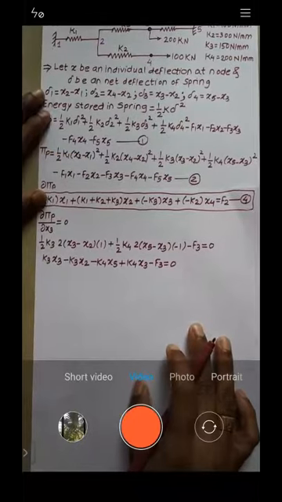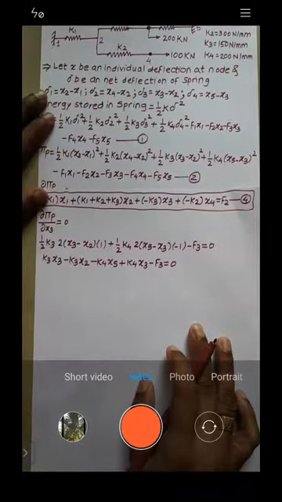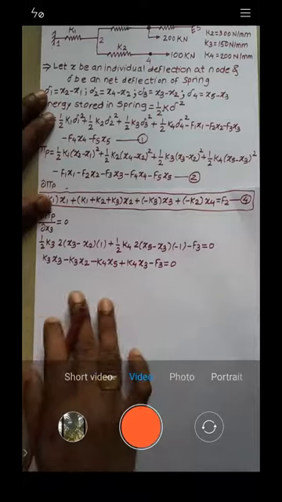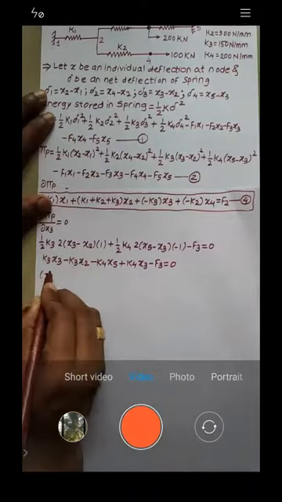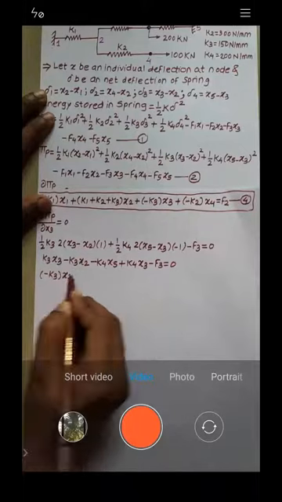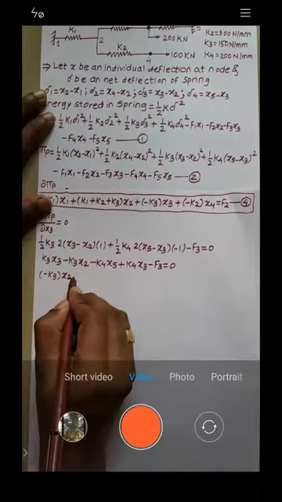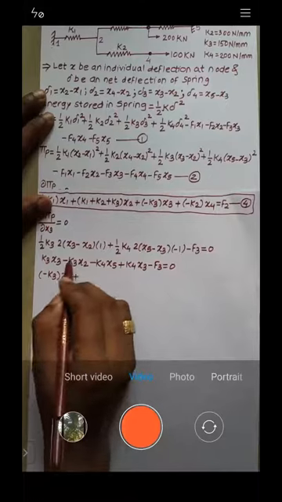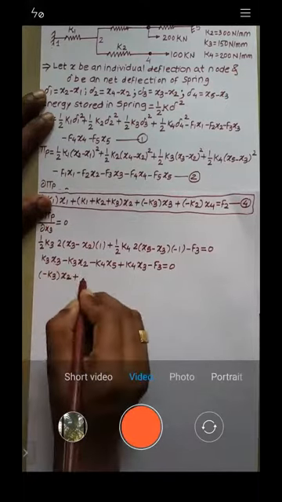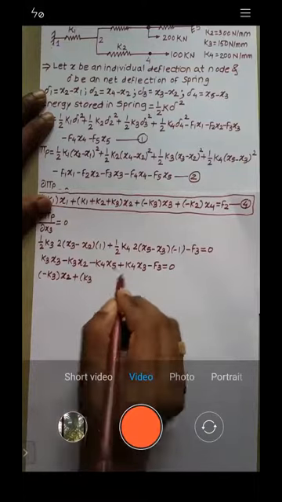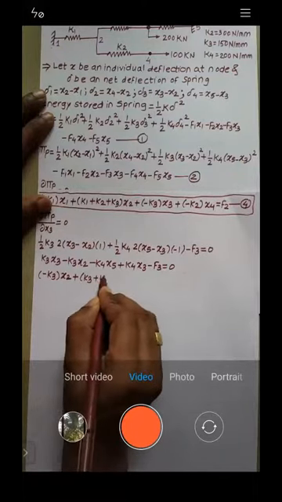So I will arrange it in the form of coefficient of x1, right? I won't have any coefficient of x1. Start with x2. Okay, so I have minus k3 x2. Then coefficient of x3. See, this is the coefficient of x3, that is k3. Again, this is the coefficient of x3, that is k3 plus k4.